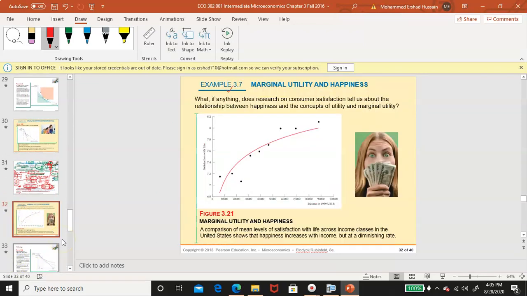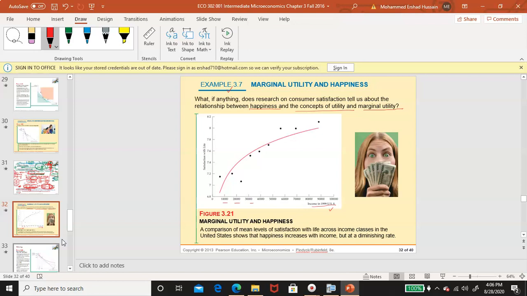Example 3.7, marginal utility and happiness. So what, if anything, does research on consumer satisfaction tell us about the relationship between happiness and the concept of utility and marginal utility? See, this is income in 1999, so this axis shows us increasing levels of income, right?